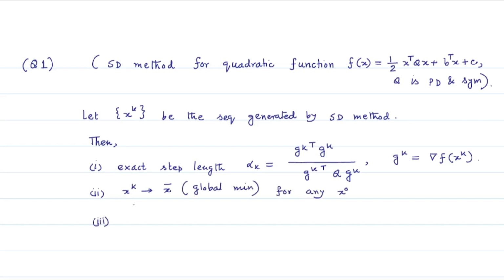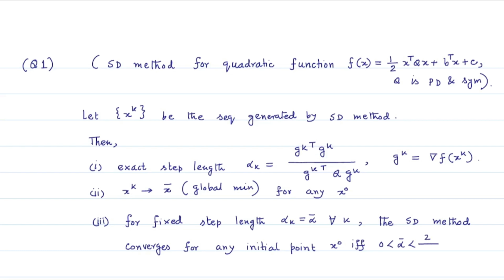Then third, you please try to prove that in generating this sequence xk, if we employ a constant step length, let's suppose alpha bar, then the steepest descent method converges to the global minimum if and only if this alpha bar lies in between 0 and 2 divided by the maximum eigenvalue of the matrix Q, where Q is the matrix that is lying over here.